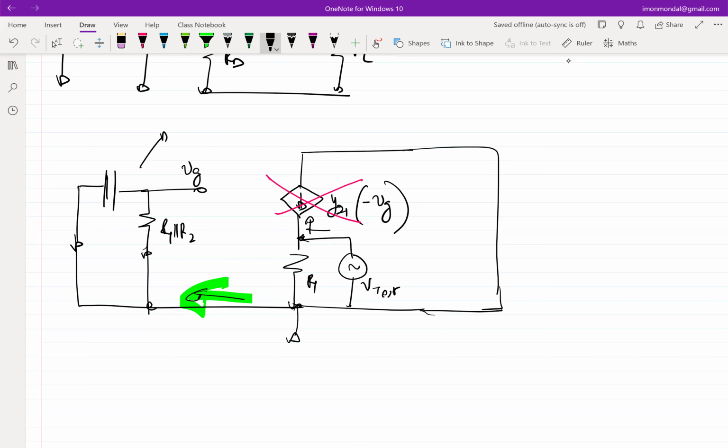So you tell me, what is the current under this condition? No current, right? No current can flow into this entire stuff, because nothing is connected.